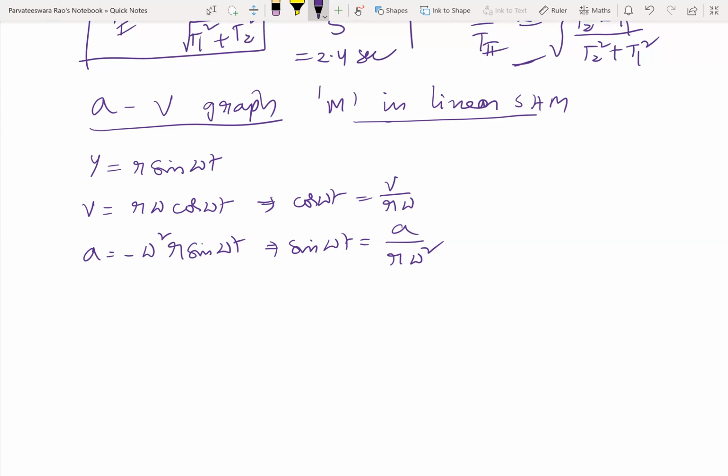Now square them and add them. So sin square omega t plus cos square omega t will be equal to A square by R square omega to the power 4 plus V square by R square omega square. This should be equal to 1.